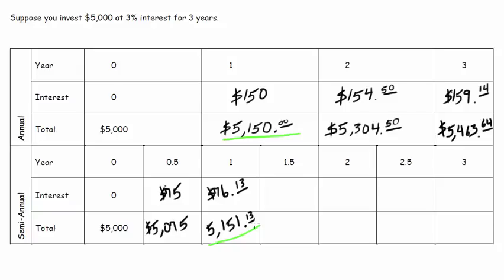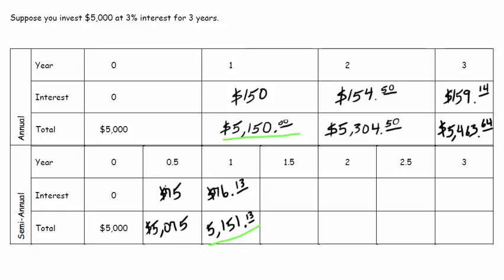Now the reason for that is if the bank pays me mid-year, this $75 can start earning me interest the second half of the year. So this $75 made me an extra $1.13 in the second half of the year that I did not get when I was only paid once a year.